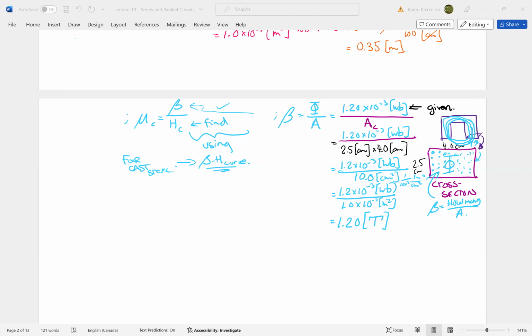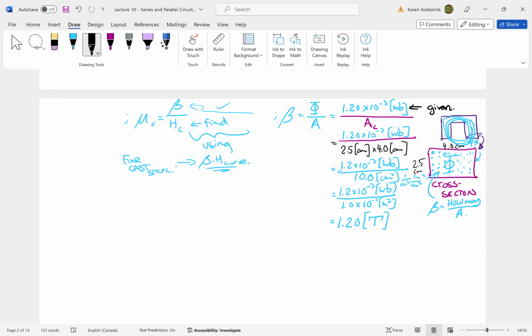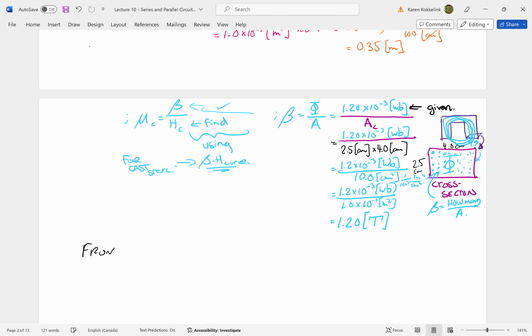Now we have to find the value of H. So from a published BH curve for whatever material I have here, what do I have? Cast steel.